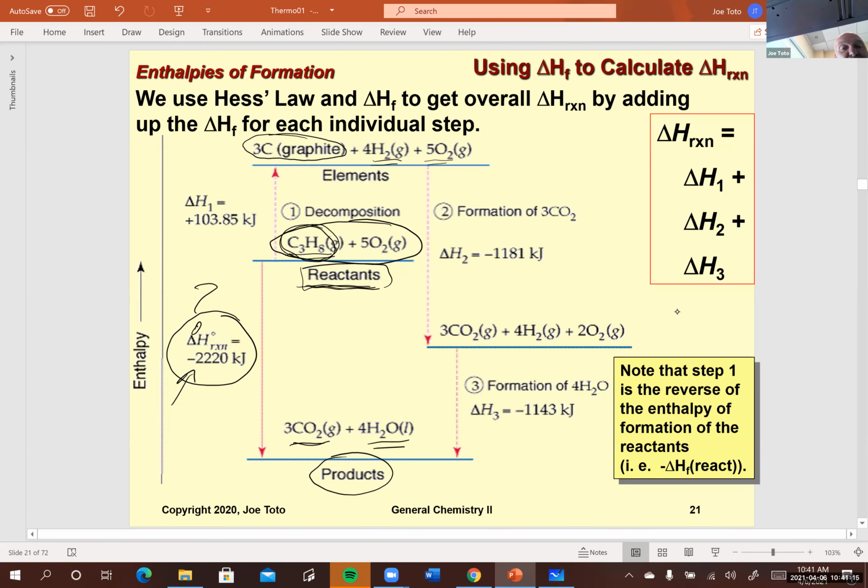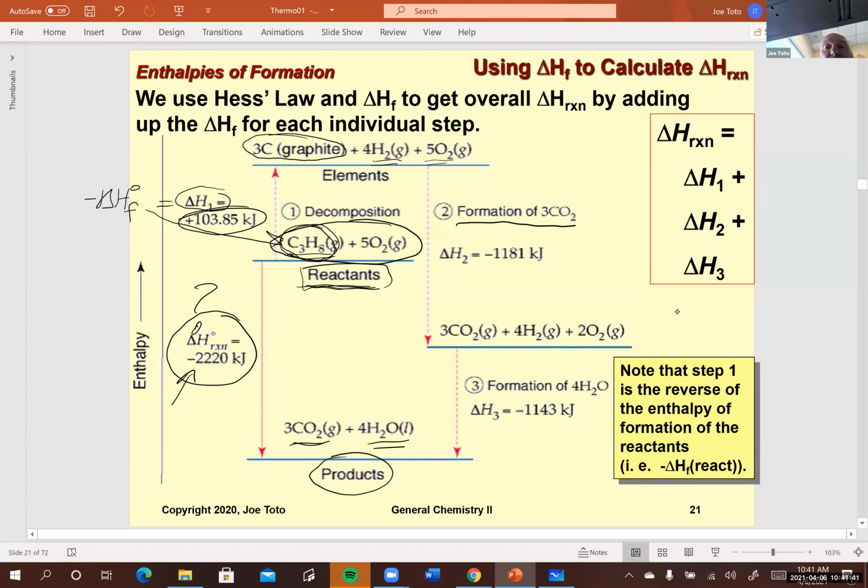So I can look this up for the first step. This is going to equal minus the delta H of formation of propane. I can look this up in your textbook. I don't have to go to the lab. And now I have propane in all its constituent elements. And now I can start forming the products over here.